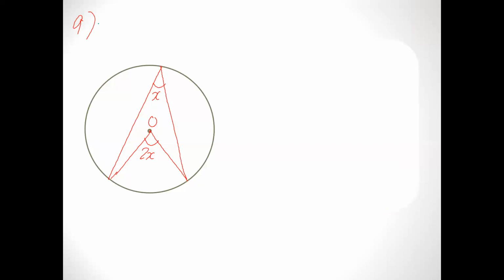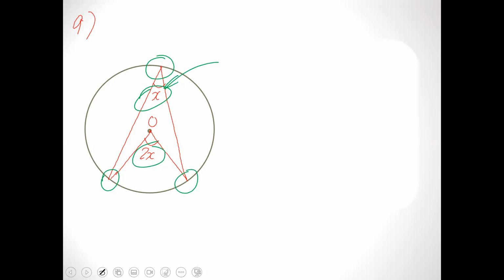Now this is the property. This is our diagram. Look at the corners: 1, 2, and 3 corners at the circle. These are the 3 corners at the circle. And we have x here and we have 2x. O is the center of the circle. x is the angle at the circumference.